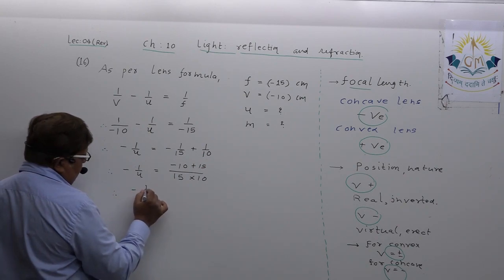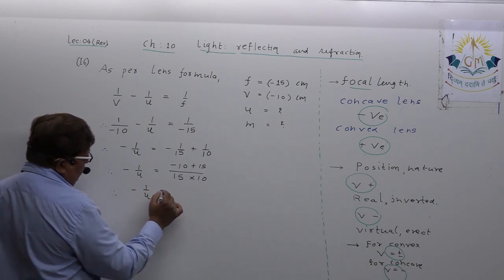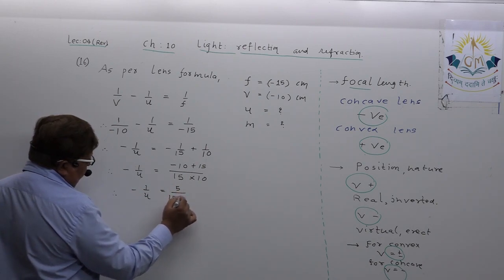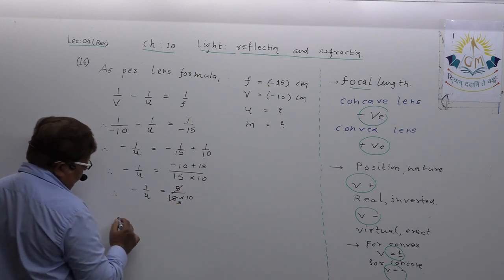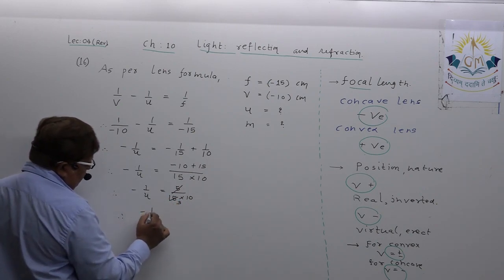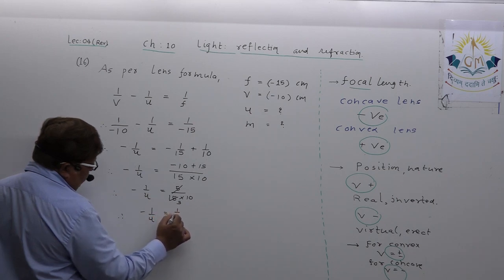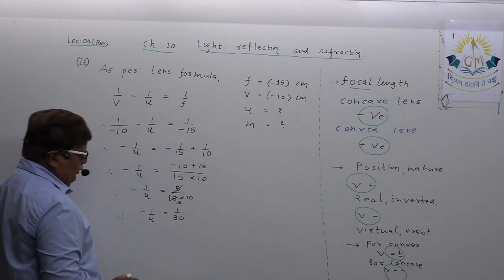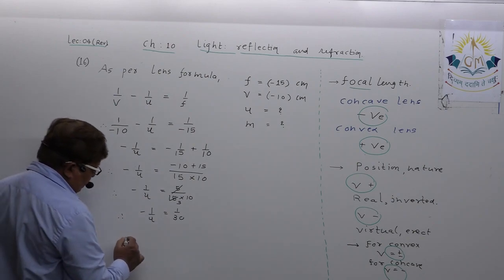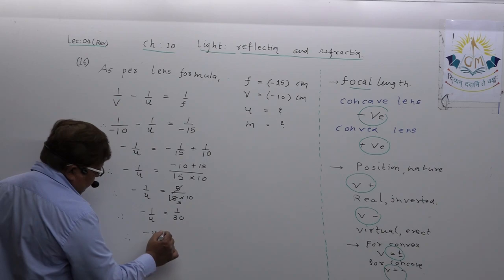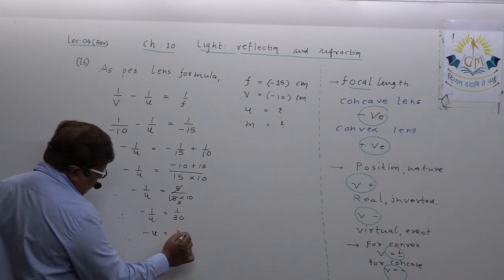So, minus 1 upon U equal to 5 upon 15 into 10. Just a simple cancellation. Minus 1 upon U equals to 1 upon 30. Just reciprocalize it. 30.